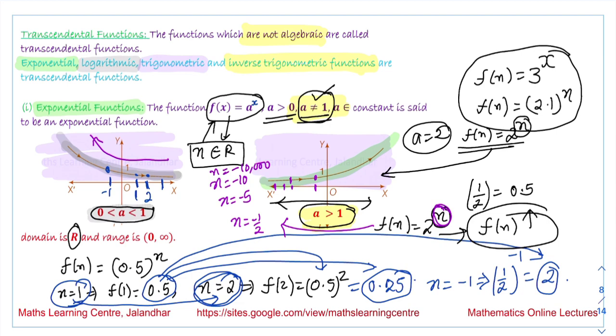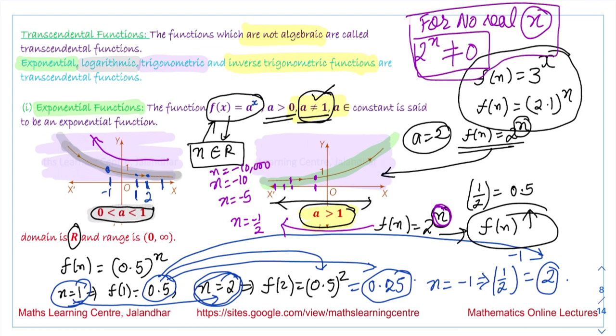But this answer will never become 0 for any real number. We are saying for no real number x will 2 raised to the power x be equal to 0. It means 0 is never the value of y.